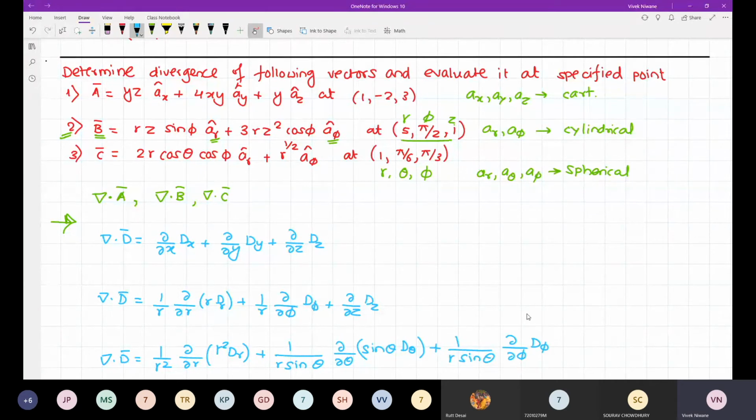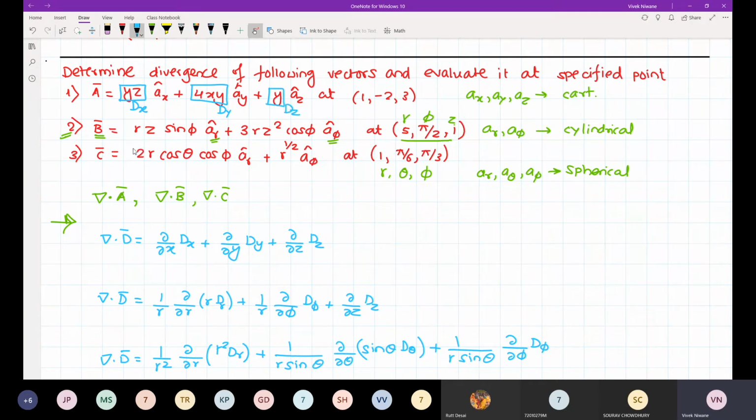Now looking into this expression, the component associated with ax cap is dx. The component associated with ay cap is dy. The component associated with az cap is dz.